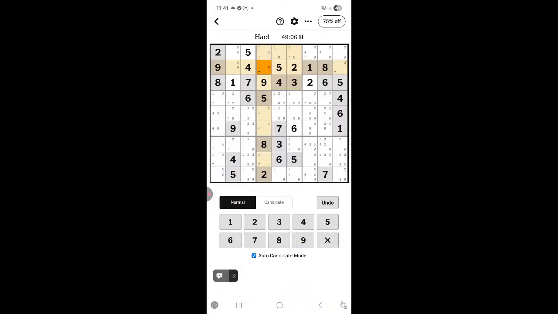Any inspiration on 3? Like 2 is too easy to put here. It could be a mistake. Because if 2, then 2, and if 2, then 2.